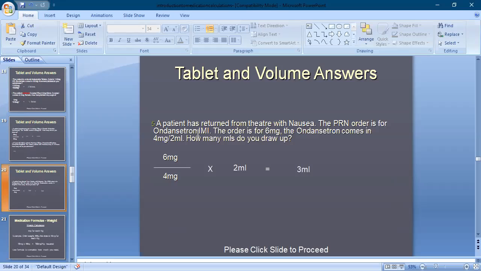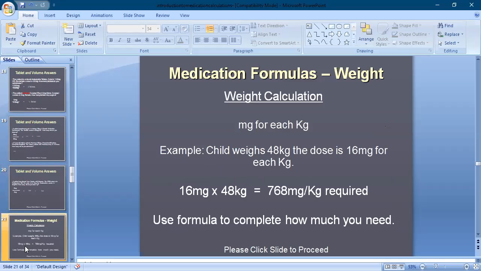Ondansetron is a medication we use for nausea. The order is for 6 milligram. So the doctor ordered 6 milligram. Ondansetron comes 4 milligram per 2 ml solution in your hand. So 6 divided by the strength in hand, 4, multiplied by the volume, 2 ml. It is 3 ml.